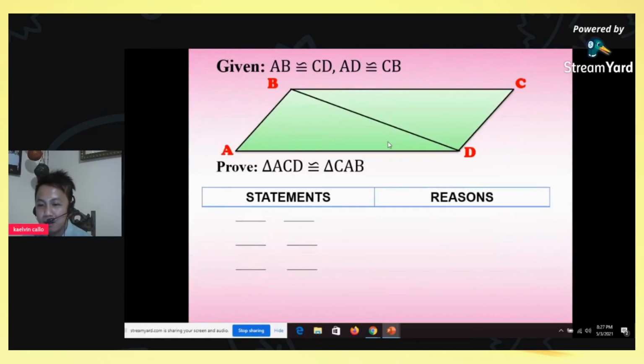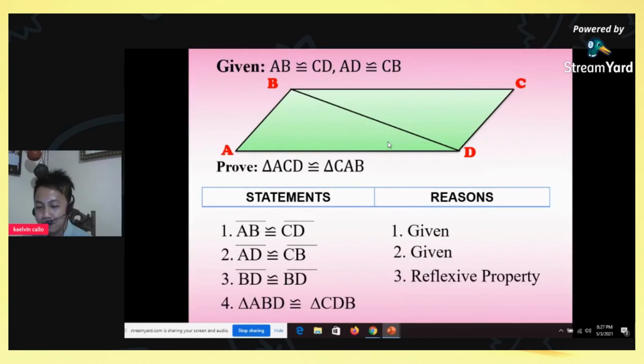Okay. Next problem, we are going to prove the two triangles. We have the first column as statements, the second column as reasons. First, side AB is congruent to side CD because it is given.